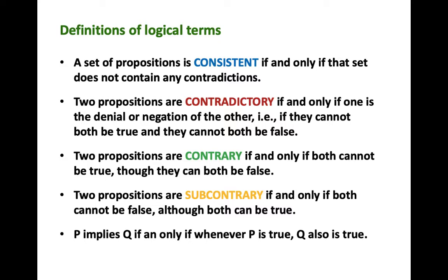Two propositions are subcontrary if and only if both cannot be false, although both can be true. For instance, some pit bulls are vicious is the subcontrary of some pit bulls are not vicious. Both can be true, but both cannot be false.